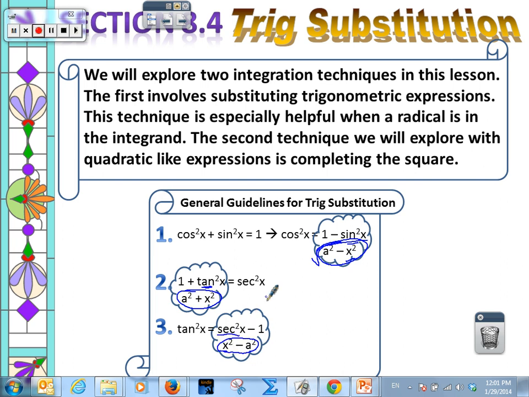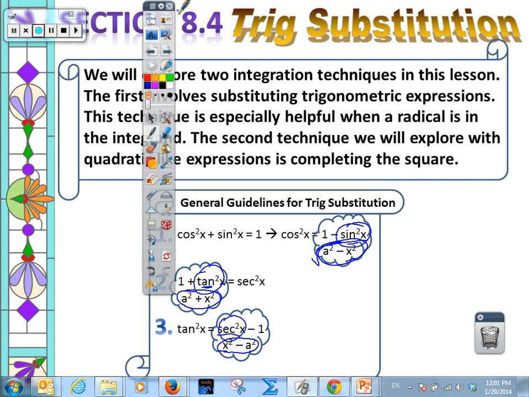So you'd have a secant squared minus 1. So really the trig functions that you want to be using for substitution are either sine, tangent, or secant, period. Those three. If you don't remember which one to try, it'll take much longer. So you really should remember which one to try. So that's the setup of it.